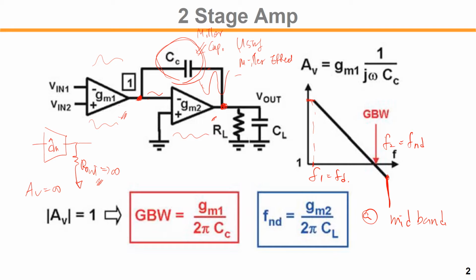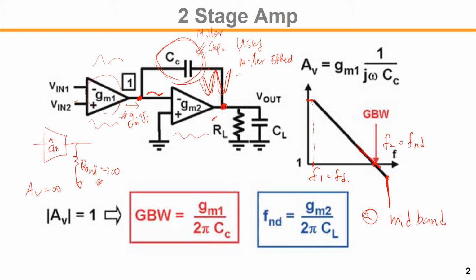Now let's find out the unity gain frequency. How can we find that? Think about the midband here: the signal on the left-hand side of the capacitance, node 1, will be very small, and the signal will be very large on the right-hand side. The first stage is a GM stage, so the input current is GM times VI, the input difference VI, right?